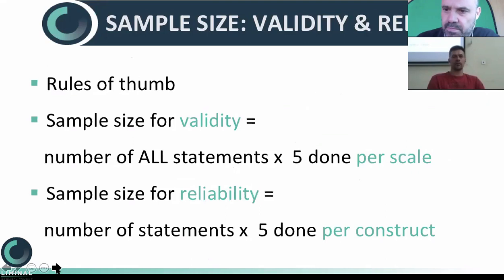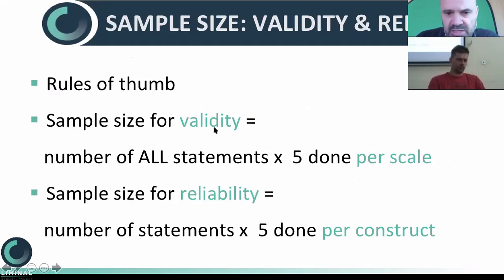Okay, finish. The validity and reliability sample size, we looked at this already. You have it in your slides, I think. You have the slides? Yes, I emailed you. Okay, so the rules of thumb: sample size for validity covers all the statements that are part of the validity.